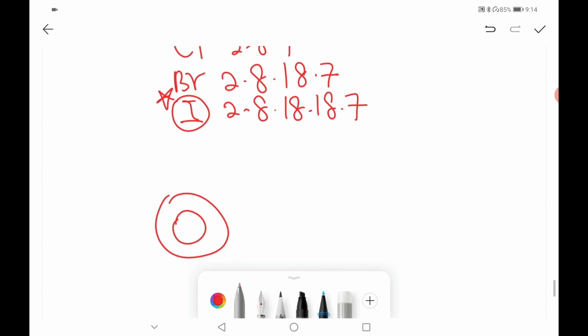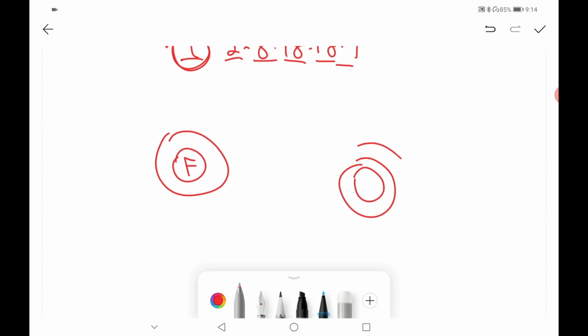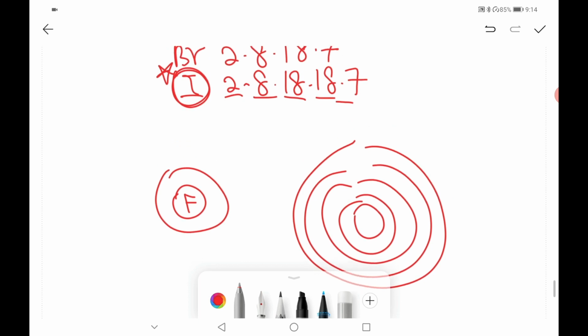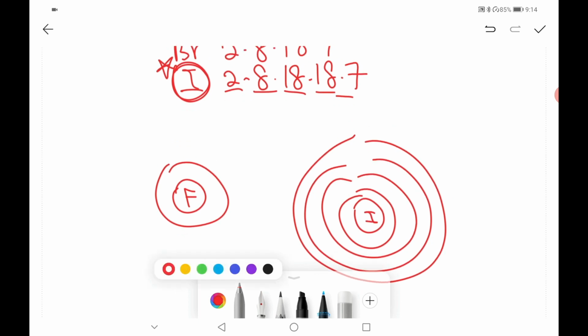For I, you have 2, 8, 18, 18, 7, so you have 5 shells. Which one can receive electrons more easily? I would say F, because the electron is very close to the nucleus. When the electron is very close to the nucleus, the pulling force is very strong. So F can receive electrons more easily.